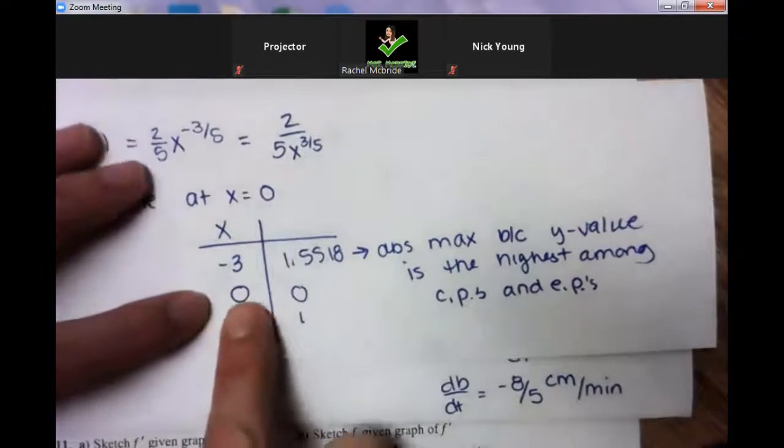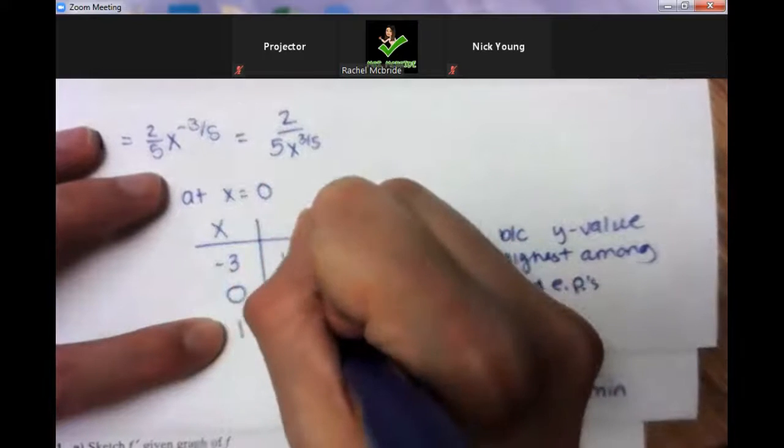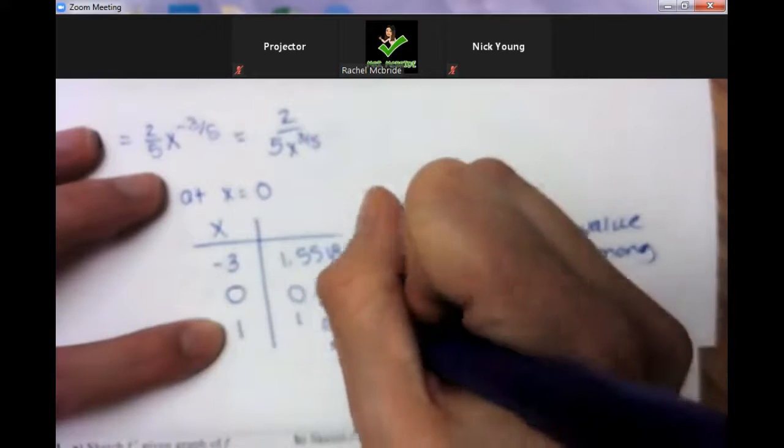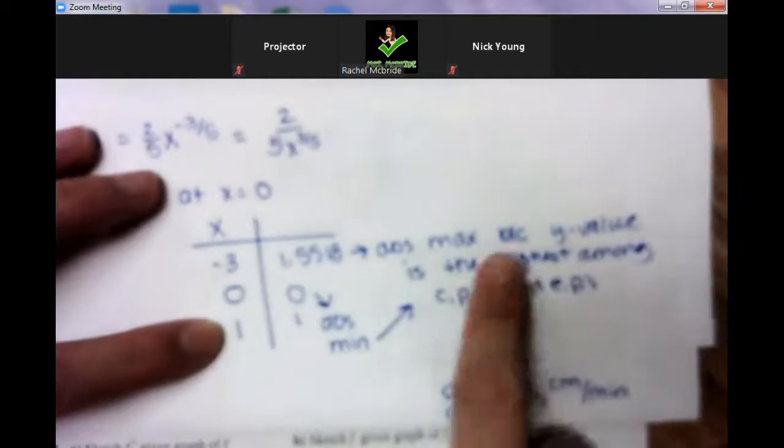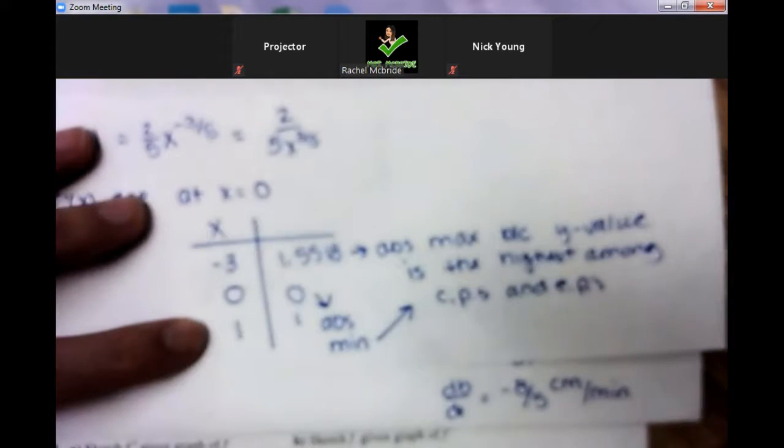And then my lowest, or my absolute min, is at 0, 0. And again, for the same reason, because it is the lowest among the CPs and NPs.